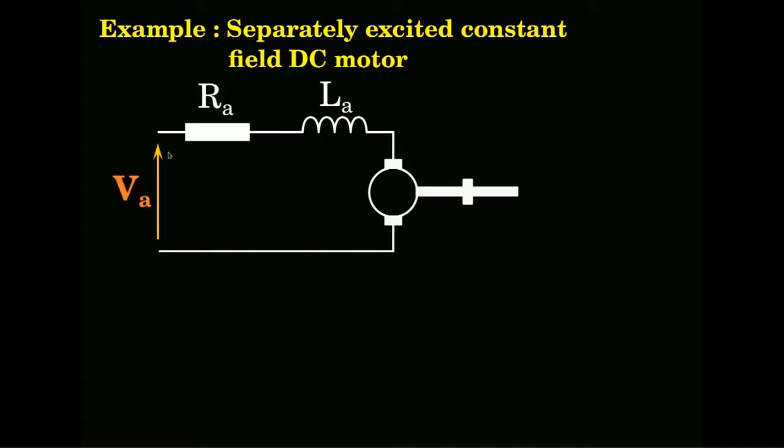We will be applying a DC voltage VA, which will result in an armature current IA like this, and once IA flows, it will generate the torque on the mechanical side through this gyrator to get you the omega. So, this is basically the system that we are talking about.